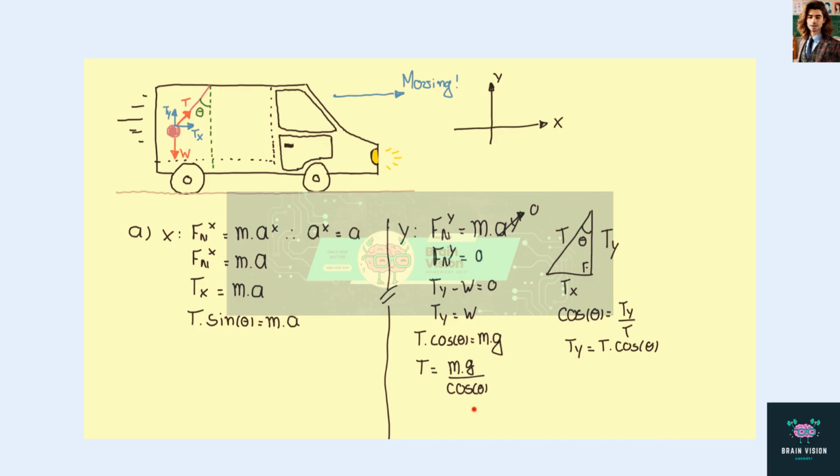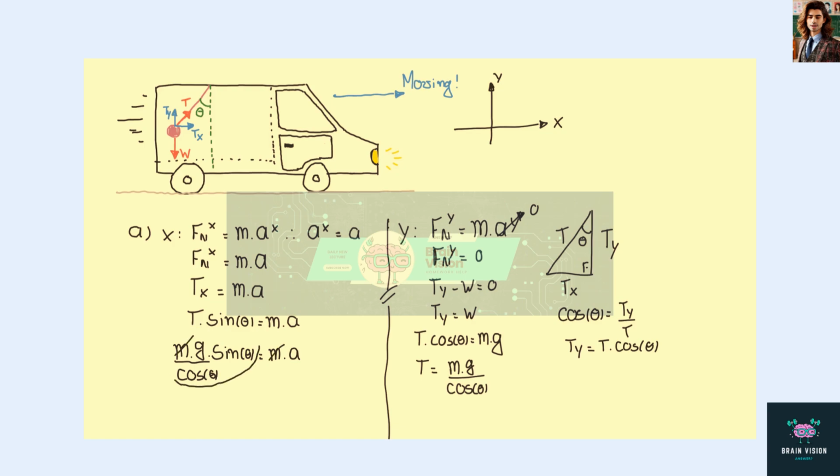Then we can plug this equation into this tension to get the following. M times G times the sine of theta, divided by the cosine of theta, is equal to the mass of the ball times the acceleration of the van. We have the mass of the ball on both sides of this equation, so we can simplify it.